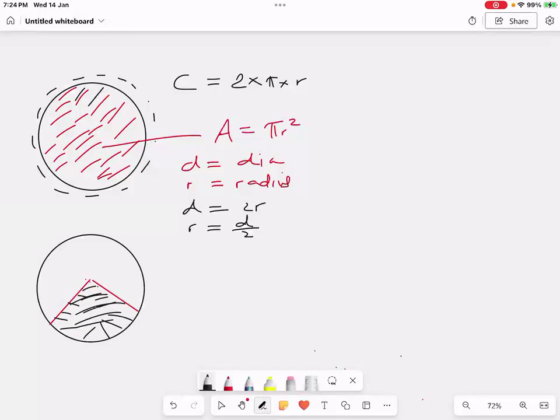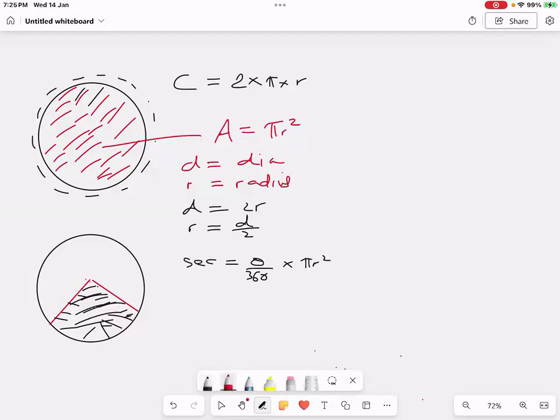What I use to remember this is, as we said, it's a slice of pizza, right? So we said that sector is equal to theta divided by 360 multiplied by pi r squared, right?